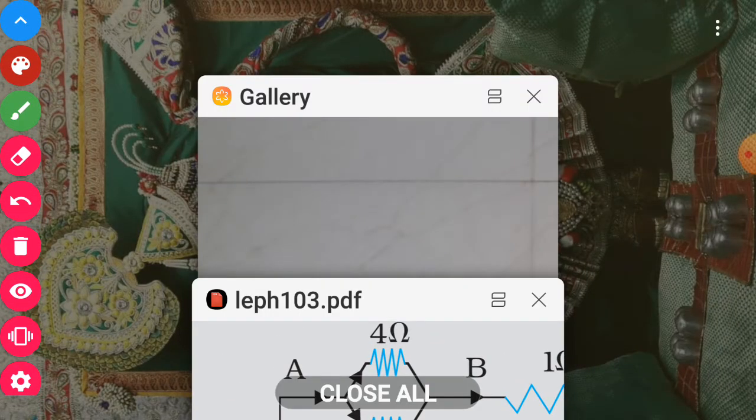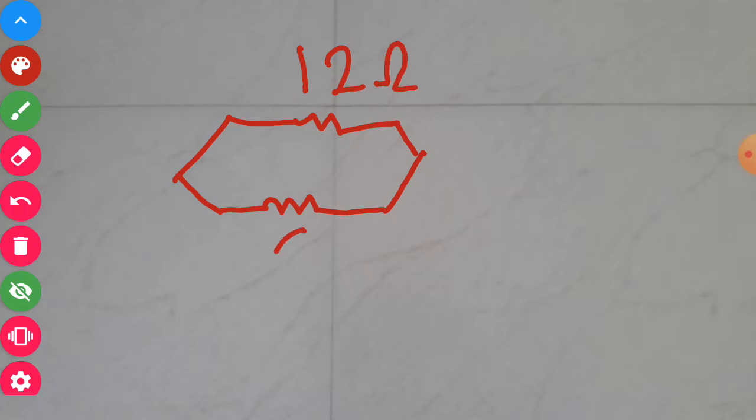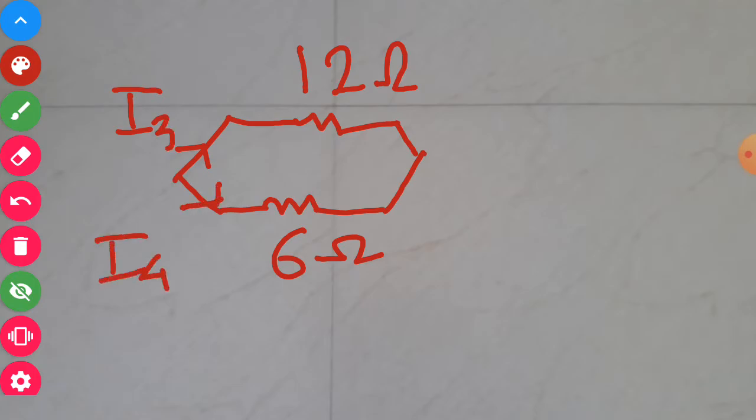Again I am showing it in the calculative part. The two resistors are like this. One is of 12 ohm, the other one is of 6 ohm, and this current I have taken is I3, this current is I4.